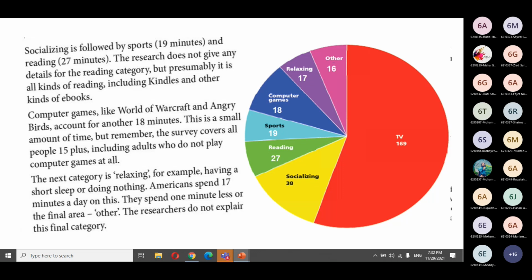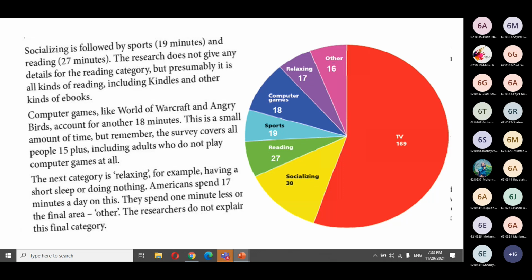Now from the text I can know that watching television takes the most time. It takes about 169, and then socializing 38, reading 27, sport, computer games, and so on. That's the idea of a pie chart: it gives you a lot of information in a small area.